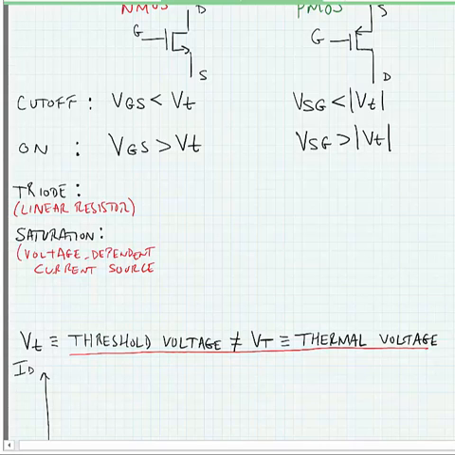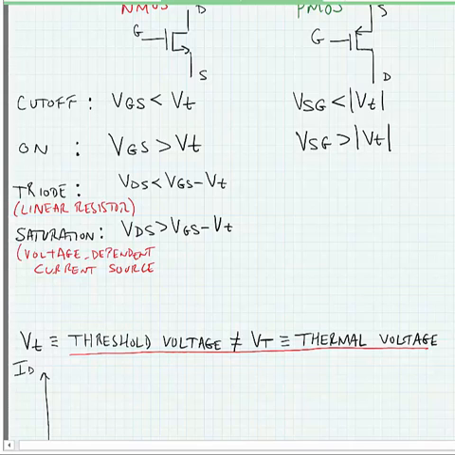So, let's look at the triode. For triode operation, we say if VDS, the drain to source voltage, is less than VGS minus a threshold voltage, then the device is in triode. And of course, the opposite situation, if the drain to source voltage is greater than VGS minus a threshold voltage, the device would be in saturation.